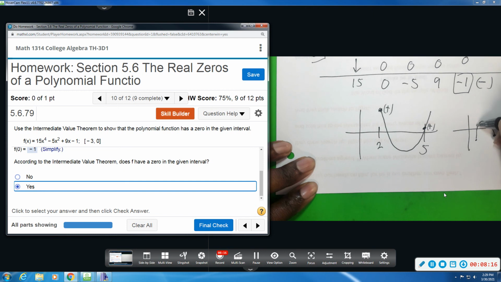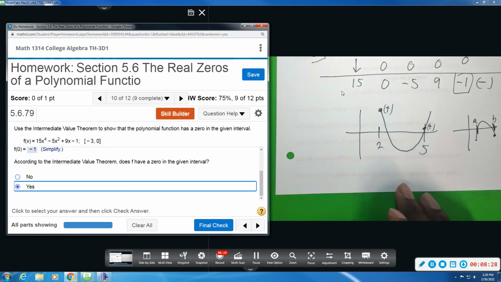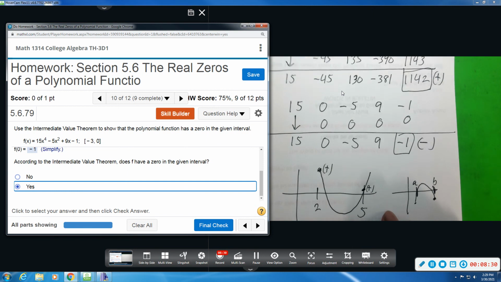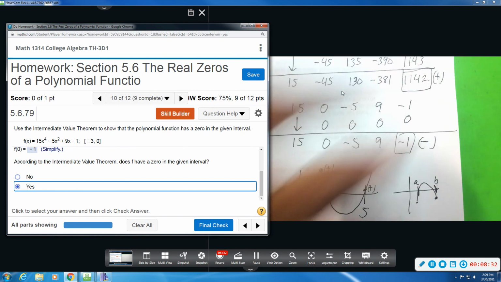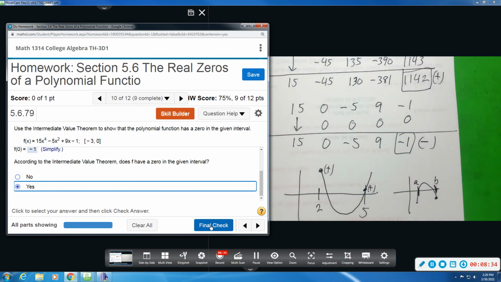Because it could very well go above and then back down, and there could be a 0, but we just don't know by the intermediate value theorem. However, if the signs are different, like in our case, then we clearly can tell that there's a 0 going from positive to negative.